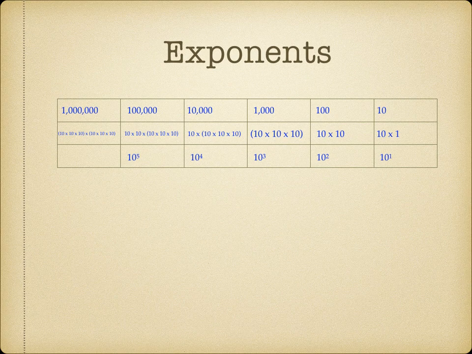And 1 million, which is 10 times 10 times 10 times 10 times 10 times 10, would be 10 to the sixth power. So you notice the exponent represents the number of 10s that we multiply together.